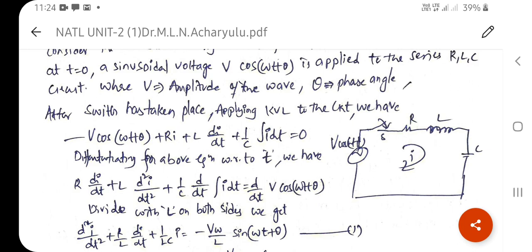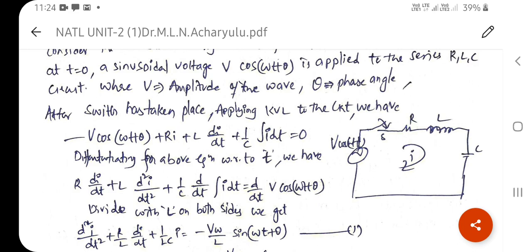Differentiating on both sides of the given equation, we get R dI by dt plus L d square I by dt square plus I of t by C, which is equivalent to the differentiation of the right side, d by dt of V cos omega t.